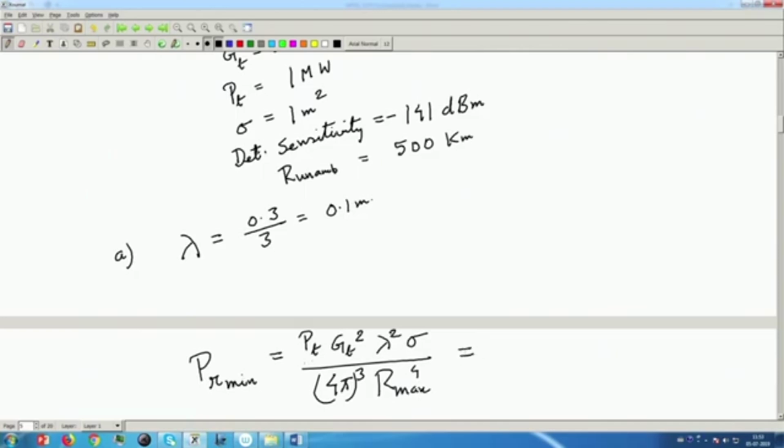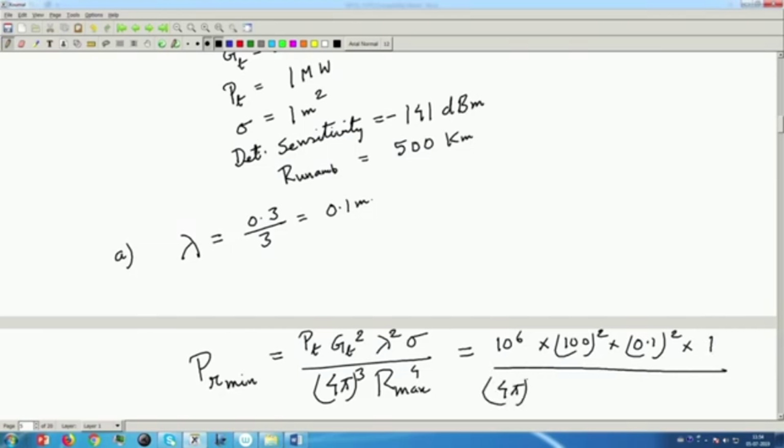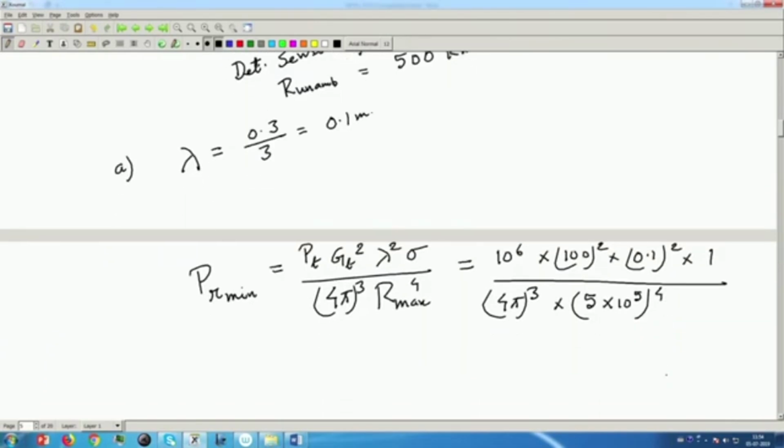So, if you put the value, that is 10 to the power 6 into GT is 100 square into lambda is 0.1 whole square into sigma is 1 by 4 pi whole cube, and this is 5 into 10 to the power 5 meters, to the power 4.